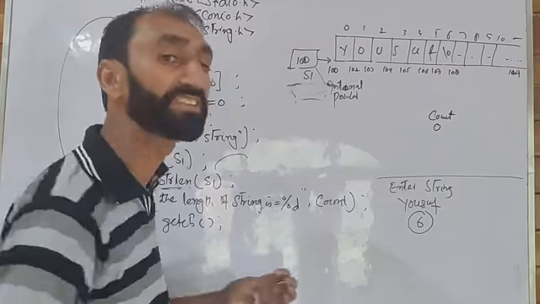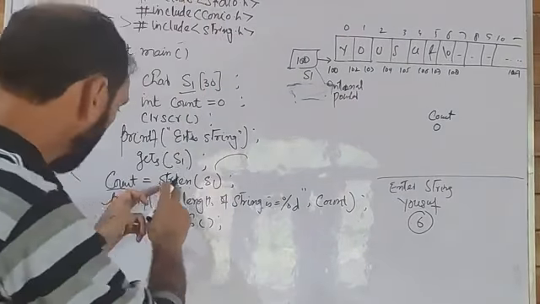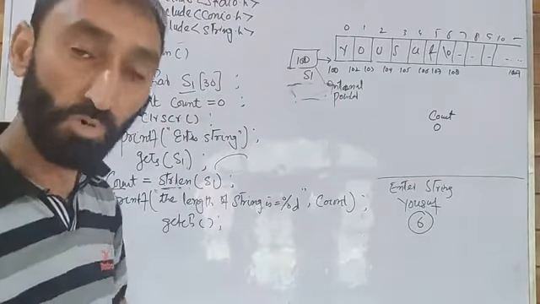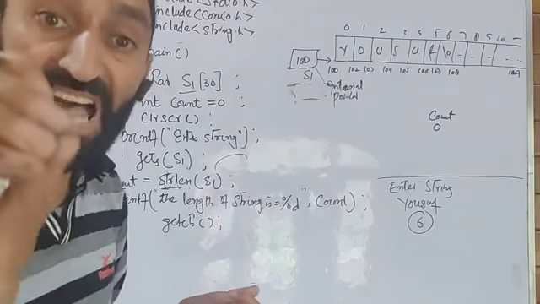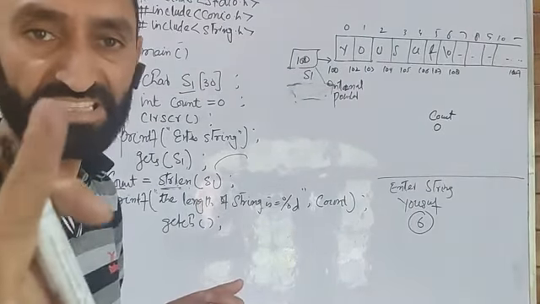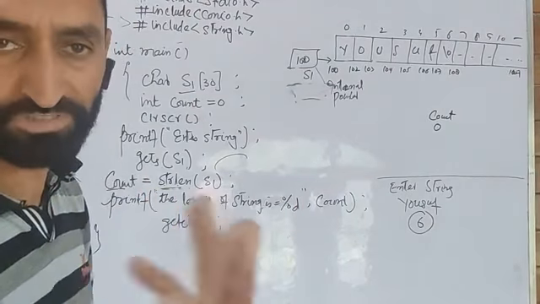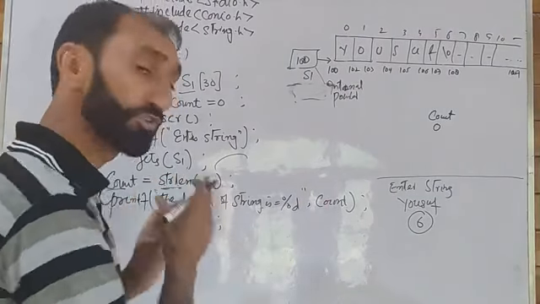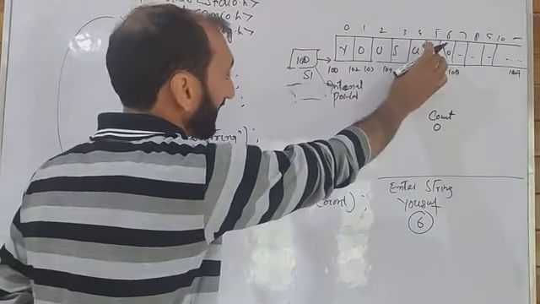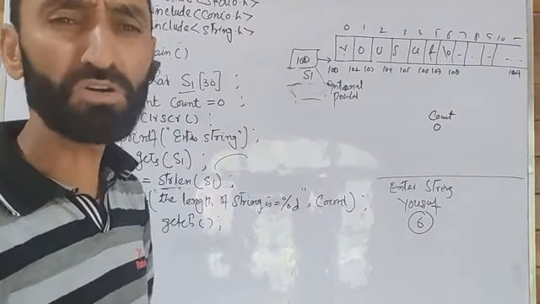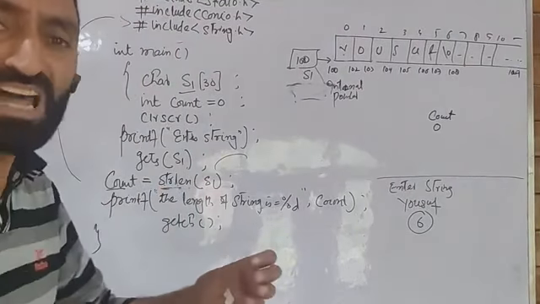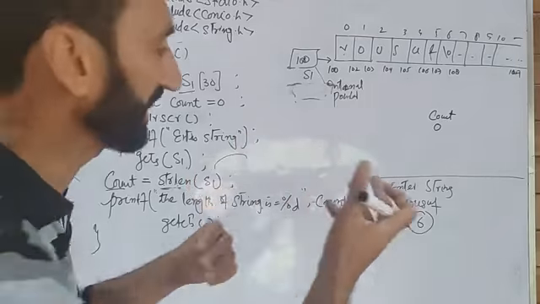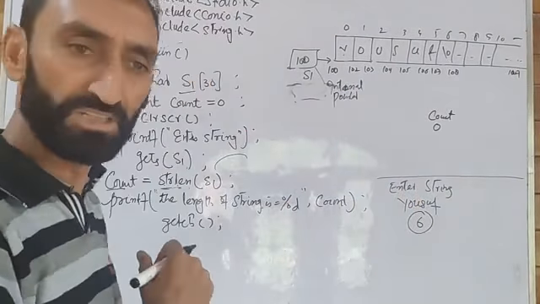Here it returns 6, which is an integer. More precisely, strlen returns an unsigned int, not a signed one. Signed means either negative or positive, but a length cannot be negative. So strlen returns an unsigned int.